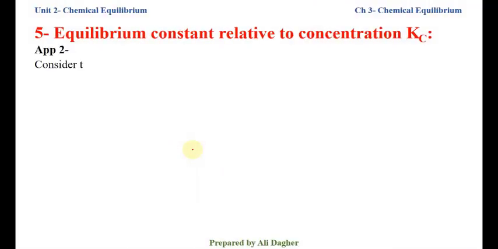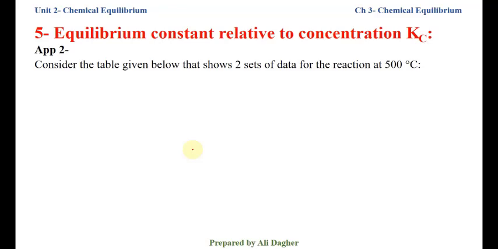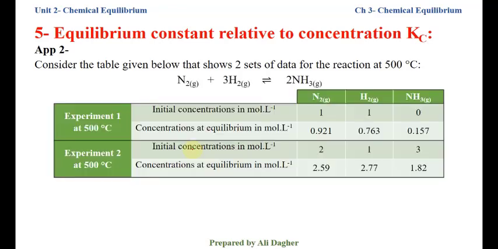Now application 2. Consider the table given below that shows two sets of data for the reaction at 500 degrees: N2 plus 3H2 gives 2NH3. We have two experiments at the same temperature, 500 degrees.